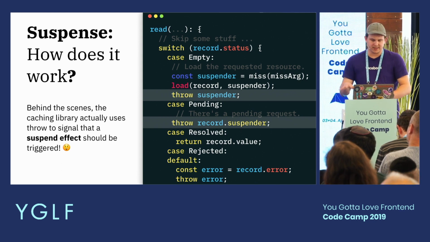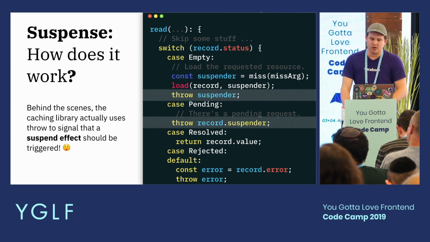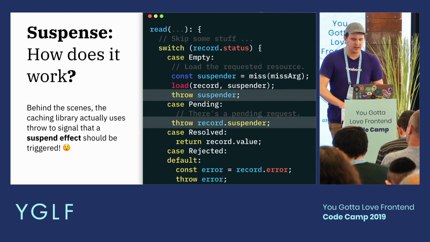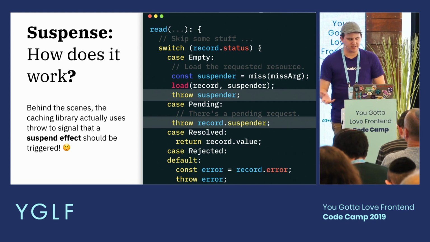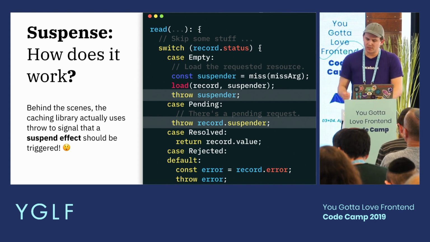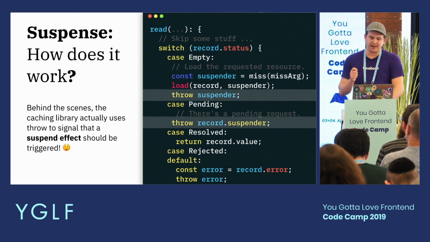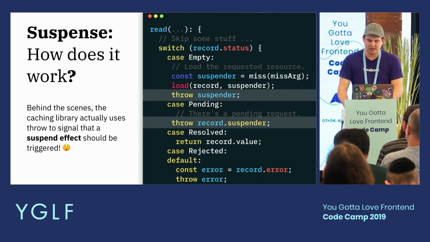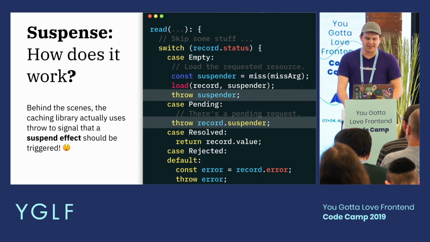I've excluded some of the stuff for brevity's sake, but we can see here that it's a switch statement that's checking the status of some record. We can assume that this is a cache record for the data that we want to read. And you'll notice that in two scenarios, empty or pending, React actually ends up throwing something called suspender. And this is how React manages to implement Suspense.